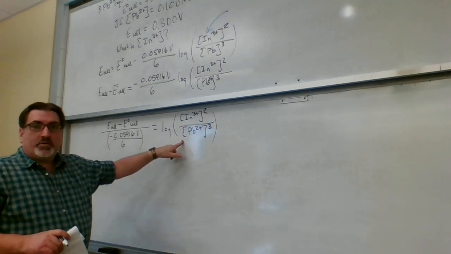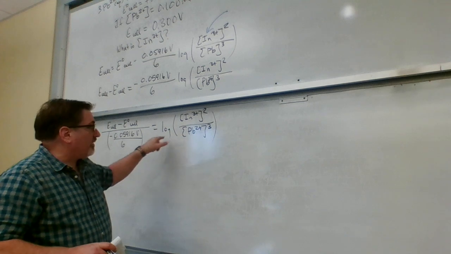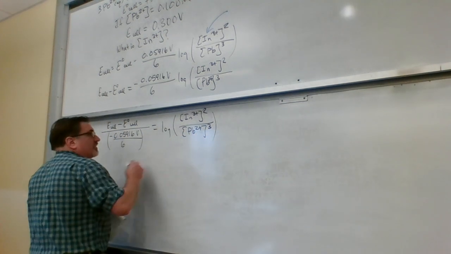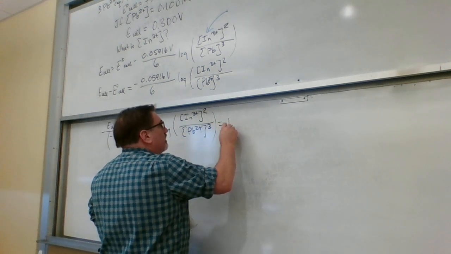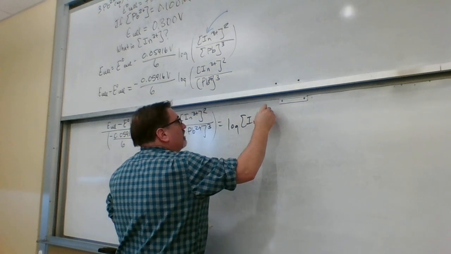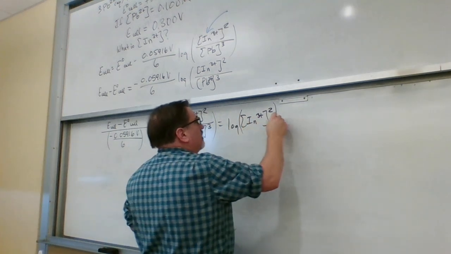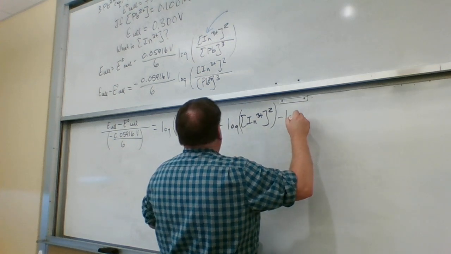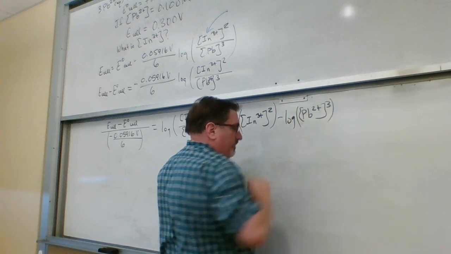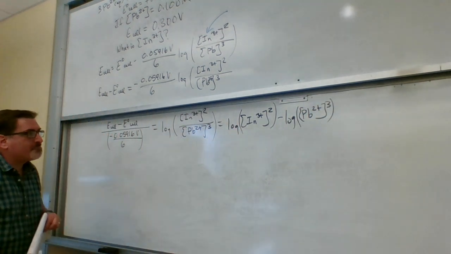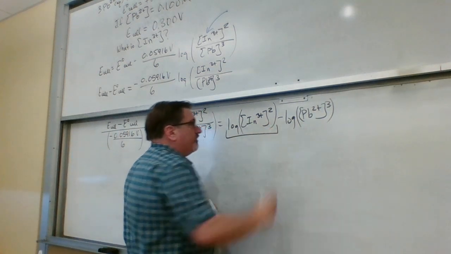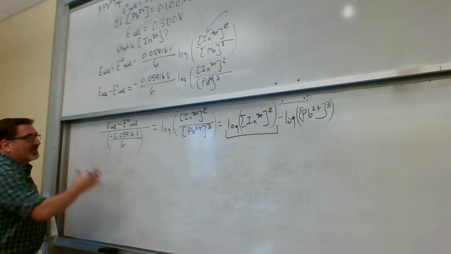Now we've done this before. The log of a fraction is equal to the log of the numerator minus the log of the denominator. So this equals the log of In3+ squared minus the log of Pb2+ cubed. Now we've got the indium in its own term. So we push everything to the other side.